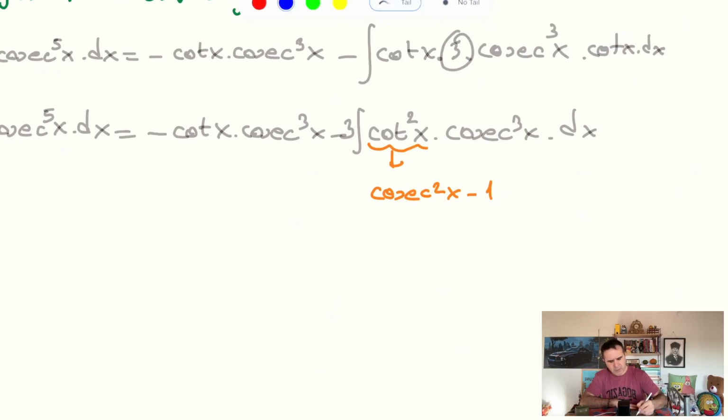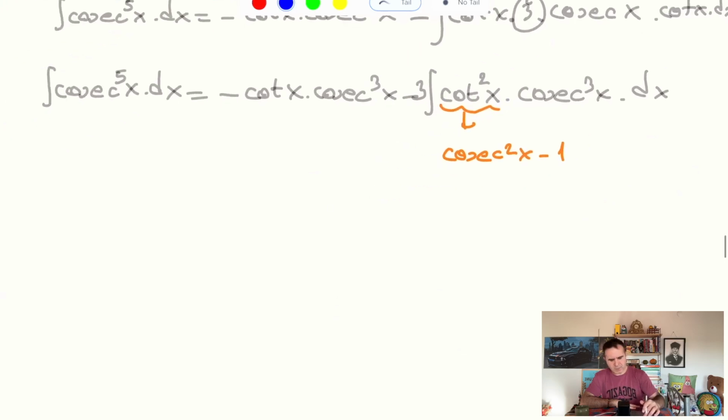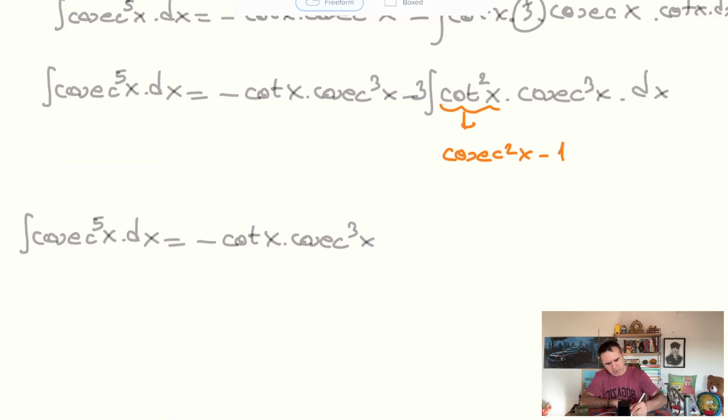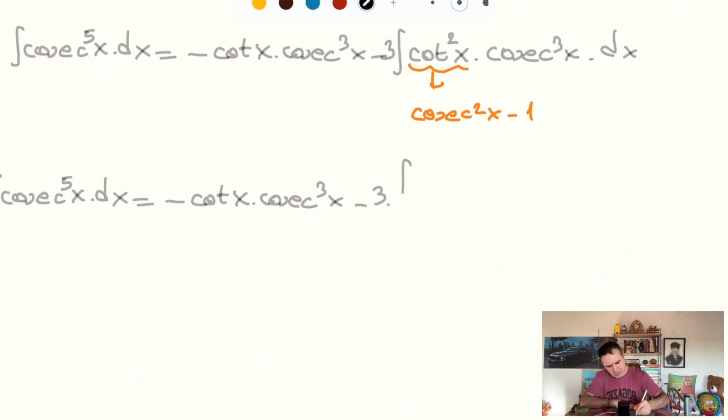So I will rewrite this as cosecant square of x minus 1. And let's take this down, minus 3 times integral of cosecant square of x minus 1 times cosecant cube x dx.